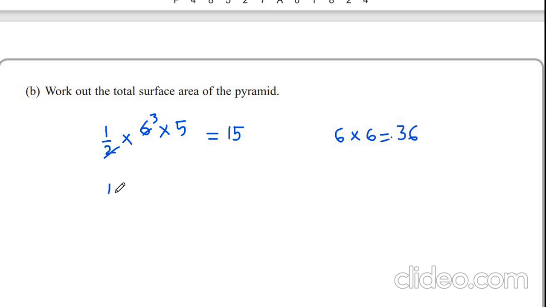But remember, there are 4 triangles, so 4 times 15 is 60 plus 36. That will give us the total surface area, 96 centimeters squared.